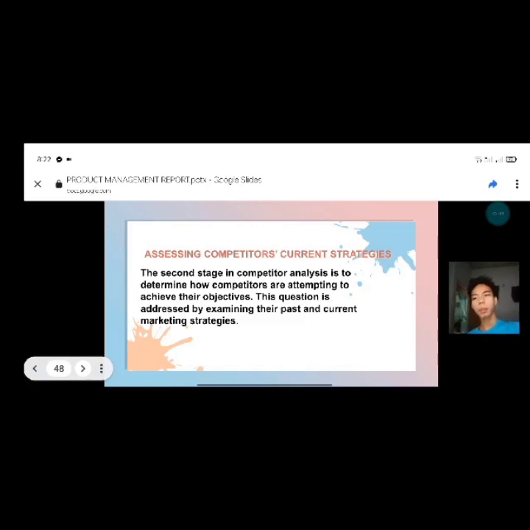Napakadaming platform na pwede mong ma-achieve. Gagamit ka ng SWOT analysis para alam mo kung ano yung meron ang kalaban mo na wala ka. So, yun.